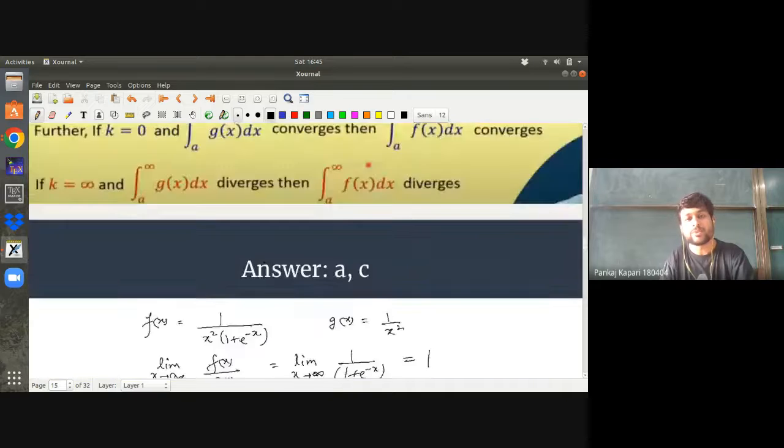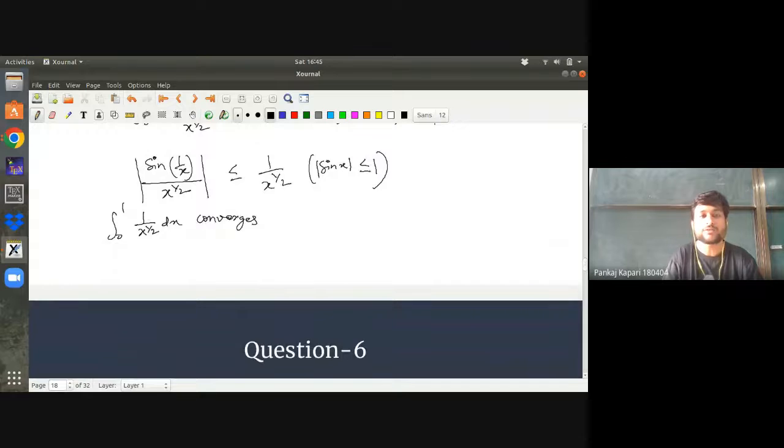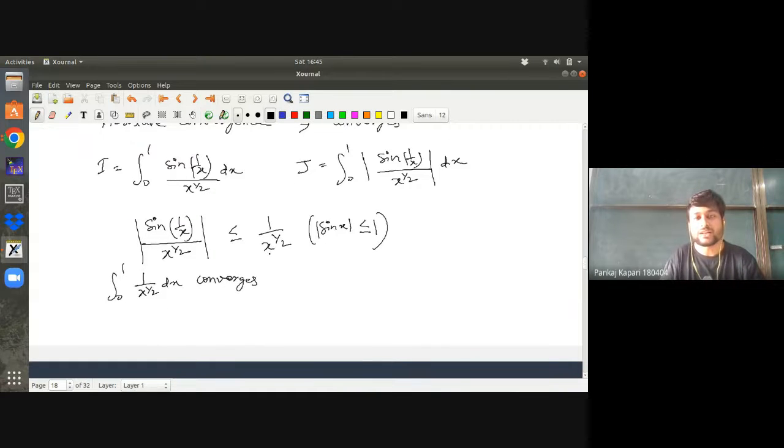In our case p is half, so this integral converges. Now use the comparison test: this is our f(x) and this is our g(x). f(x) is less than or equal to g(x), and the integral of g(x) converges, so the integral of the modulus of the function f(x) also converges. That is from the comparison theorem.